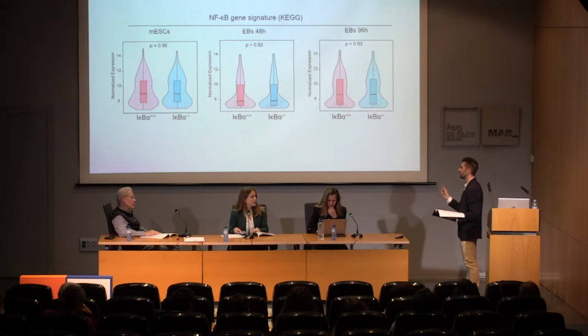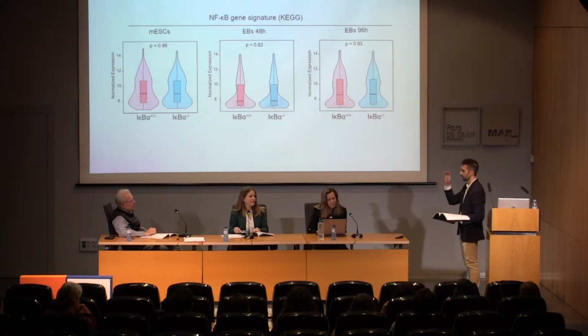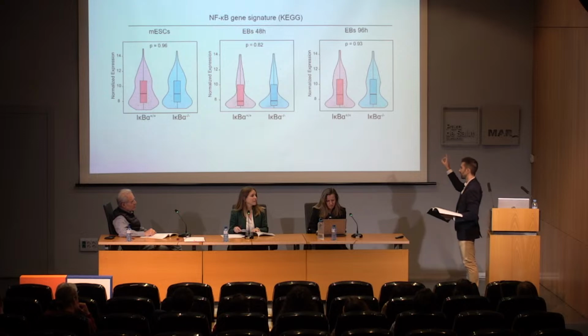And also checking other data, like the reprogramming data, and from naive to iPSCs, the levels of IκBα are reduced when you go from naive to primed, and when you start to reprogram the cells, you start gaining IκBα.